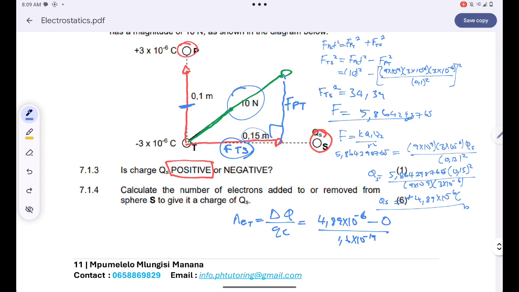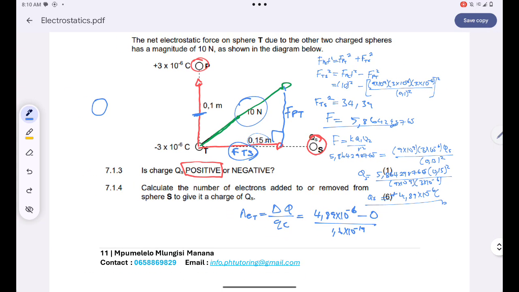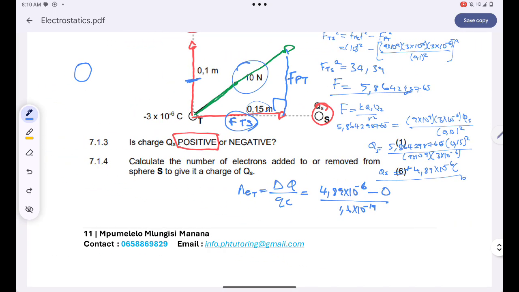I'm saying minus 0, guys, because initially the charge was neutral. Are you together? And then for it to be charged, it will either get positively charged or negatively charged. If you remove electrons, the neutral charge will then become positively charged. But if you add electrons, the neutral charge will then become negatively charged. Are you together? So since our charge is now positive, that means electrons were removed from its state of neutrality.